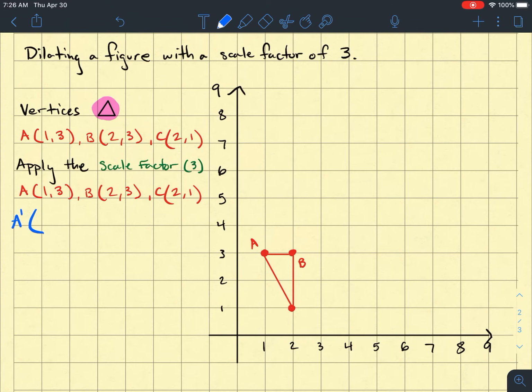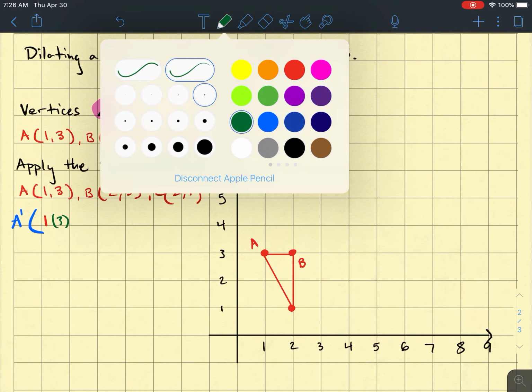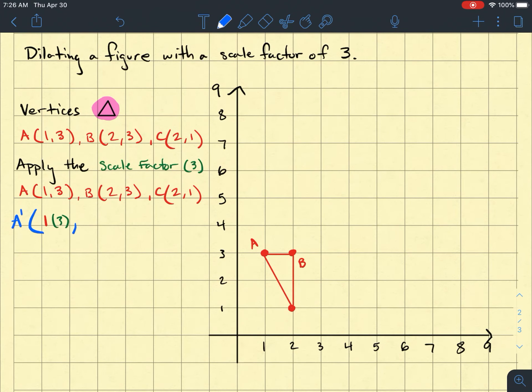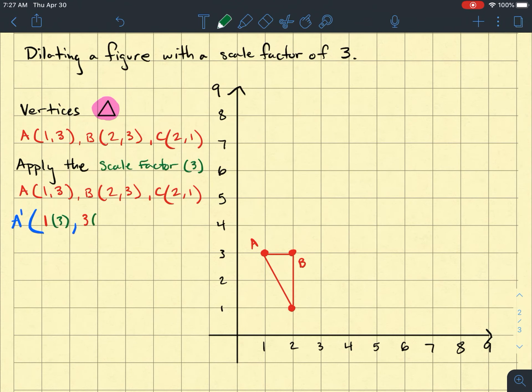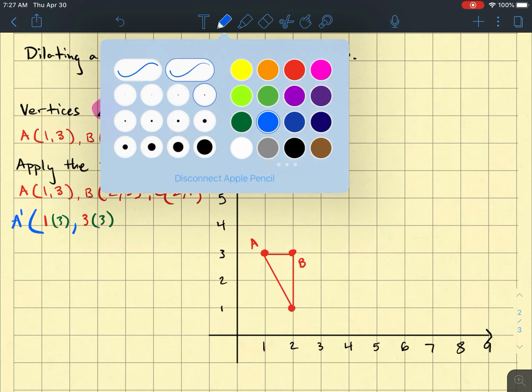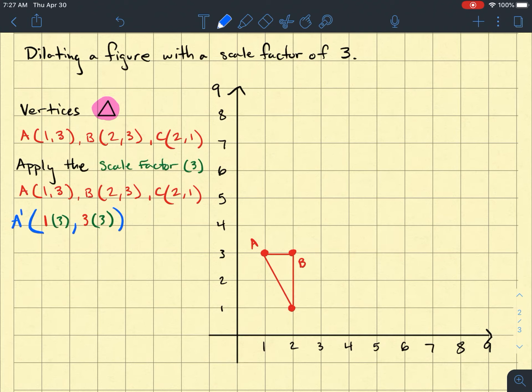My A prime is going to be 1, the original coordinate, times 3. And then my Y is going to be 3, my original Y, and we're also going to multiply it by 3. And in green, you will find your scale factors.